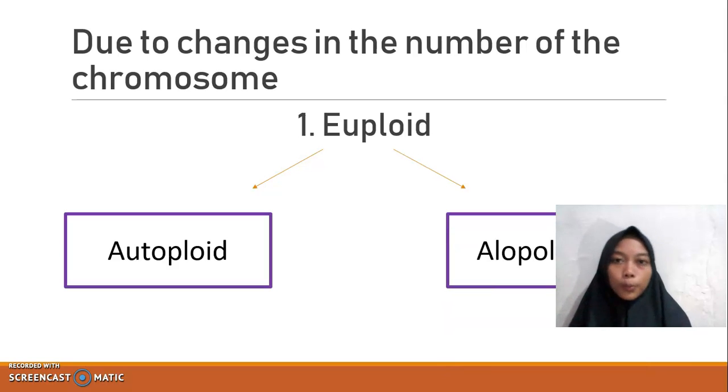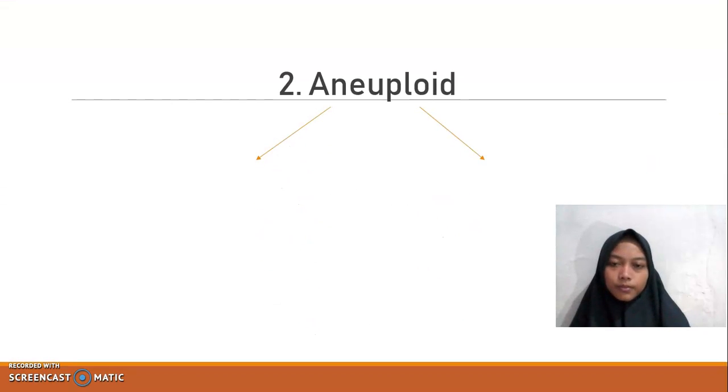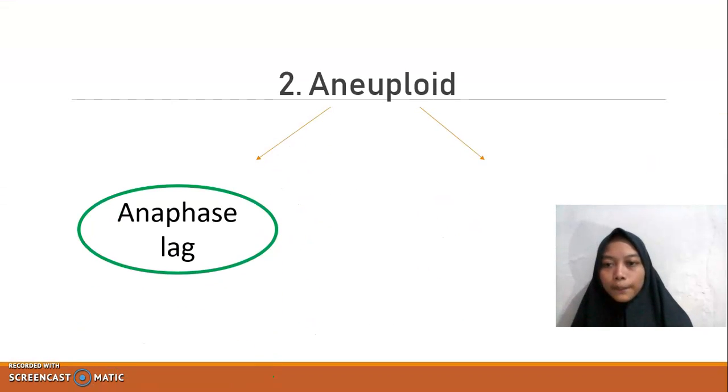Second is allopolyploid, which occurs due to mating or hybrids between species with different sets of chromosomes and occurring on non-homologous chromosome.